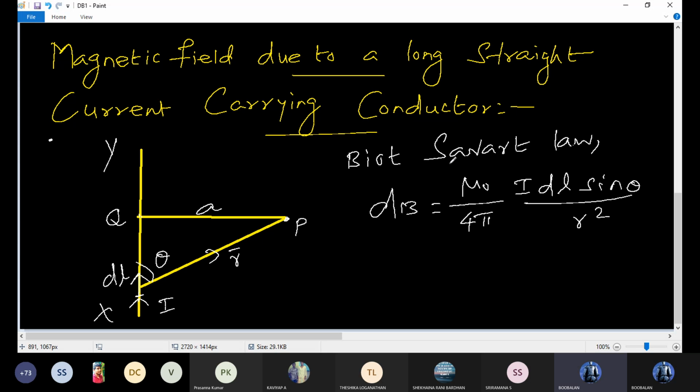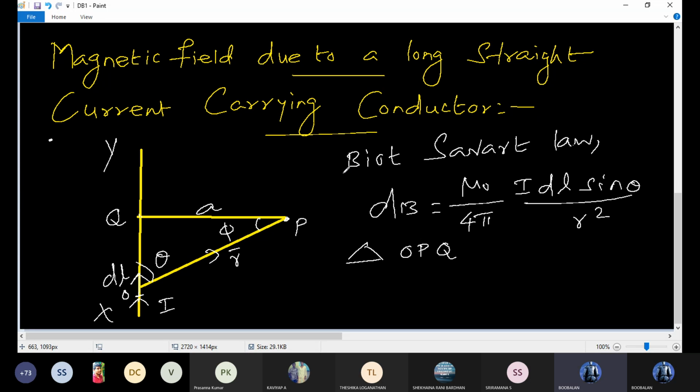Okay. Now in this formula, I will take one right angle triangle OPQ. This is the point O. In right angle triangle OPQ, this is theta, and in this angle also that is phi. Between dl and r, that is theta.